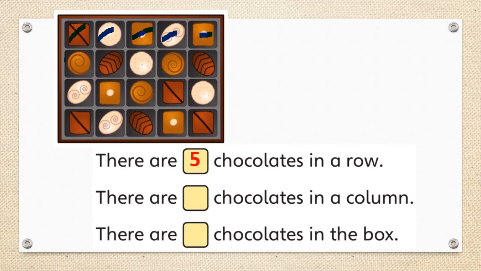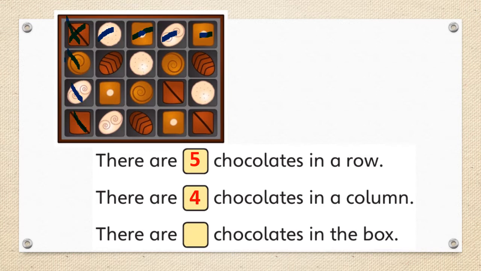Now, let's find out the chocolates in a column. 1, 2, 3, 4. 4 chocolates in a column. There are dash chocolates in the box.